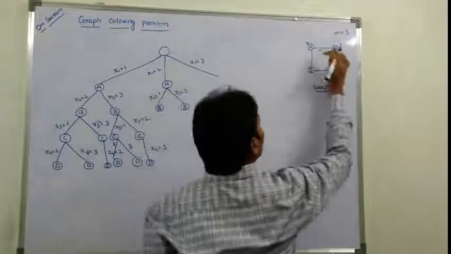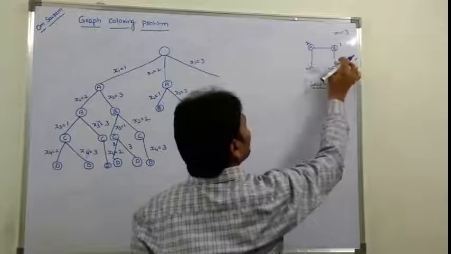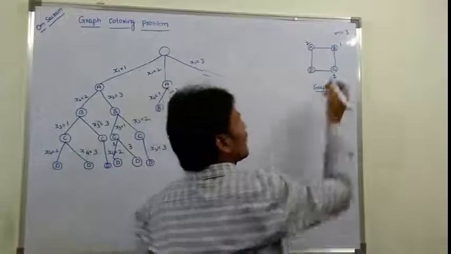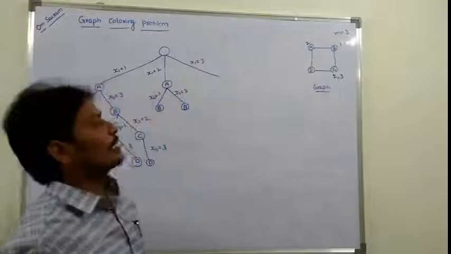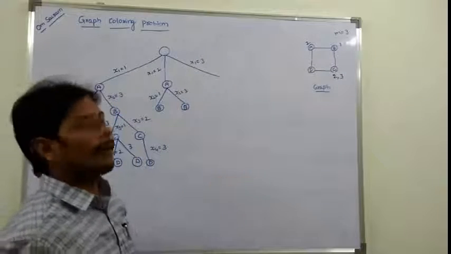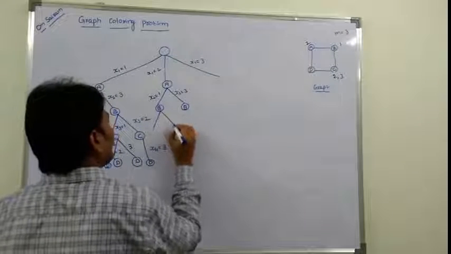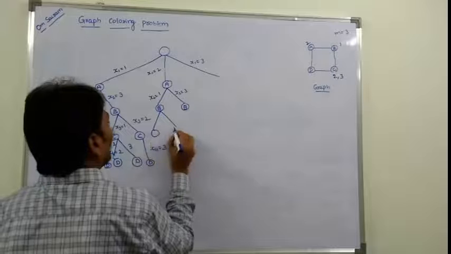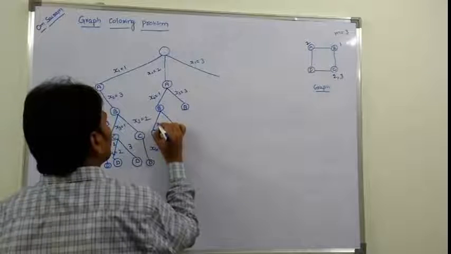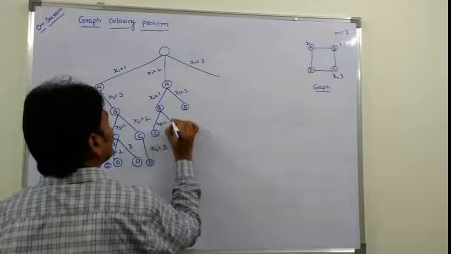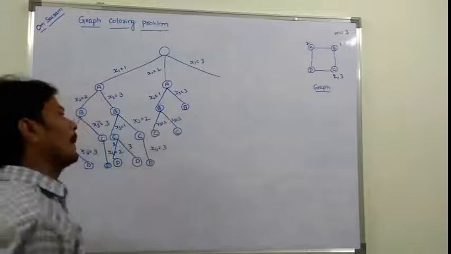The second color can be used for vertex C because A and C are not adjacent. What is the remaining color? The third color. So either the second color or the third color can be used for vertex C, so x3 is equal to 2 or x3 is equal to 3.